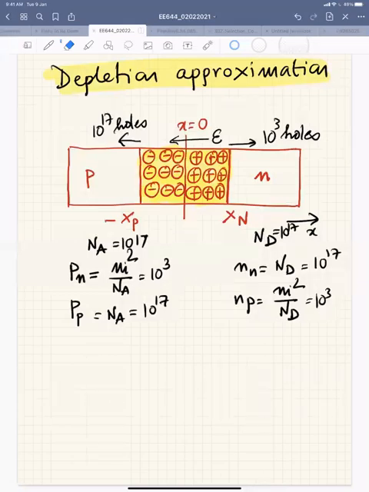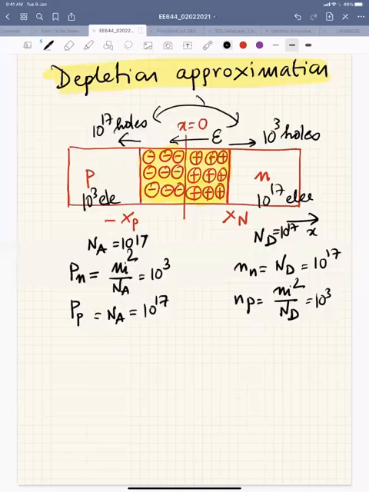Similarly, you have 10 to 3 electrons here and 10 to 17 electrons there, so your electron concentration is also increasing from 10 to 3 to 10 to 17. So there is a change of 10 to the power 14 times in concentration across the depletion region, right?